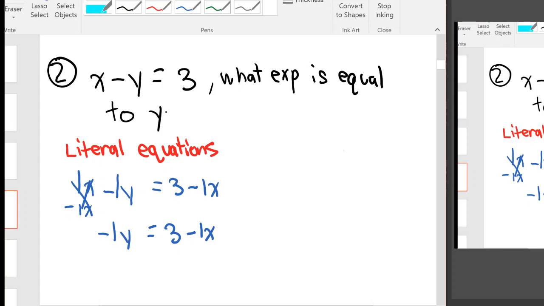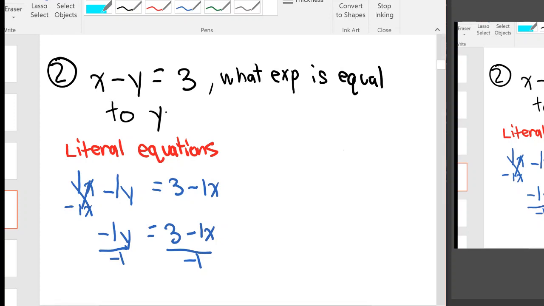This is where adding those ones and negative ones in as coefficients becomes really helpful, because a lot of people will stop at this step. But you can't really stop. You have to make sure you see this is negative 1 times y, not 1y. So you divide by negative 1.